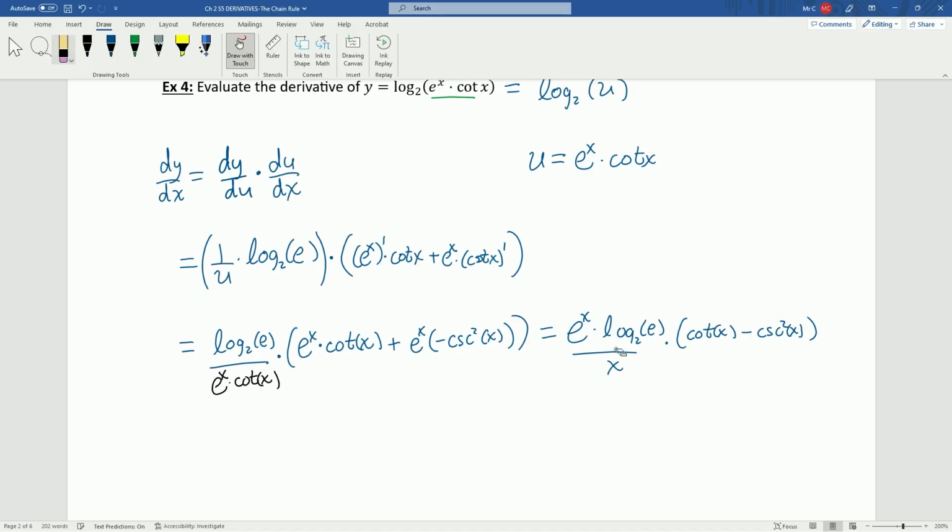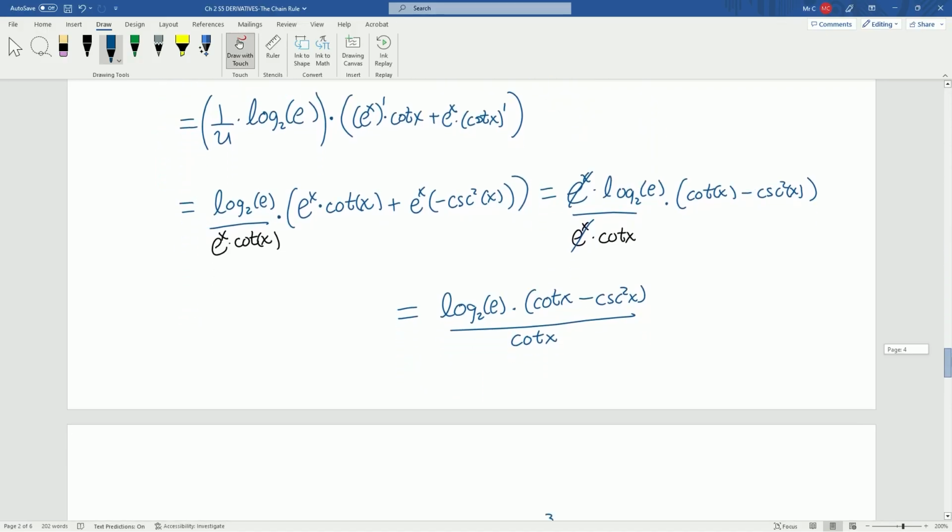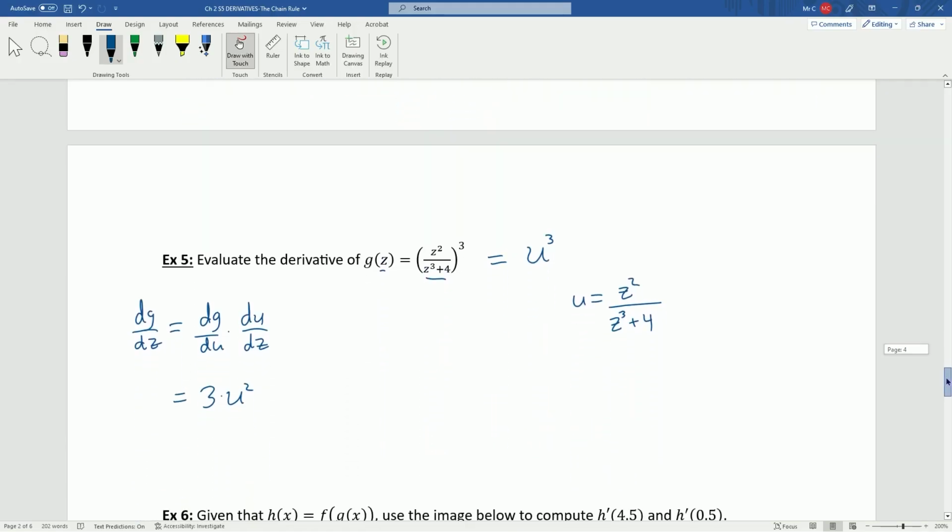I don't know why that just popped into my head, but I'm glad it did. So with that e to the x over e to the x, I can actually cancel that. That gives me a nicer expression here: log base 2 of e times cotangent of x minus cosecant squared of x divided by cotangent of x. Okay, sorry about that. Let's go ahead and move on.